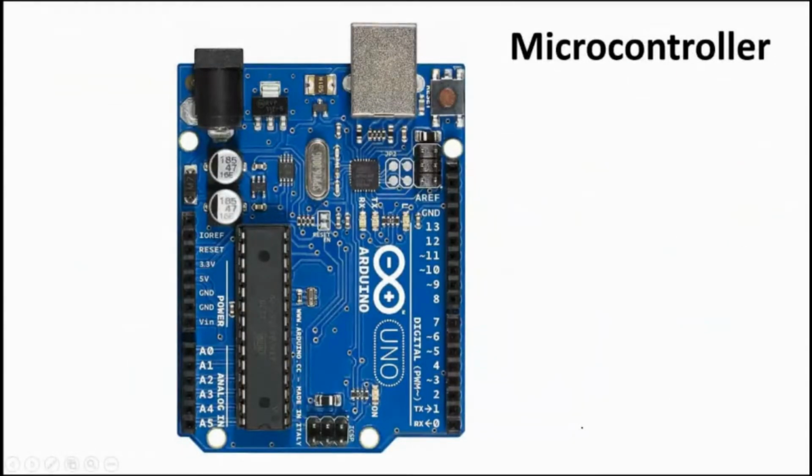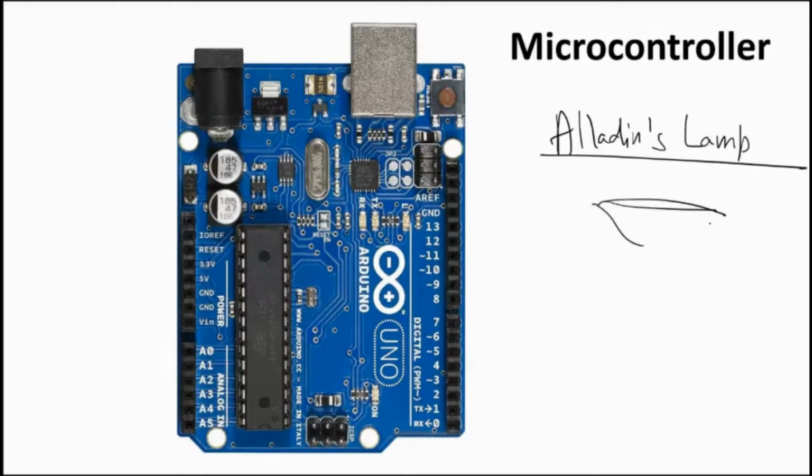In that video that I shared, I would have given you a small example of the analogy of this particular board. You can imagine this board as Aladdin's magic lamp, and the moment you rub this lamp, the genie will come out.